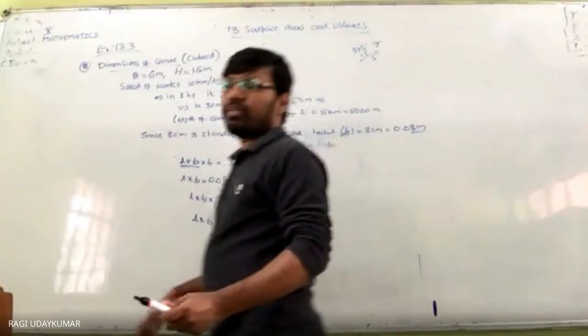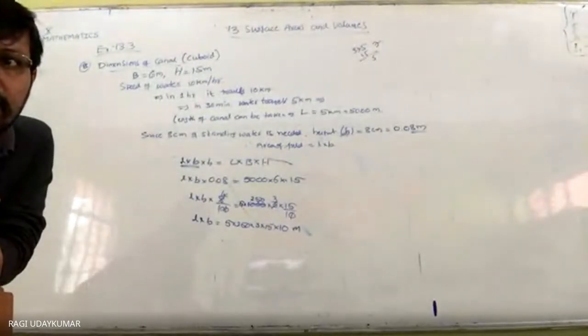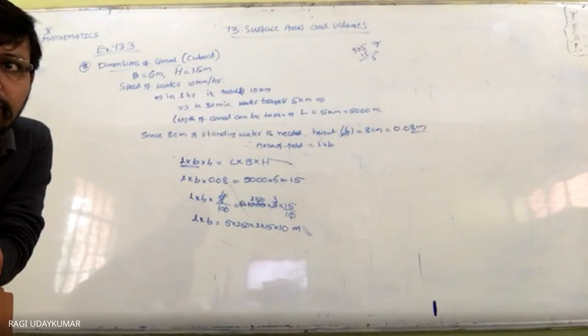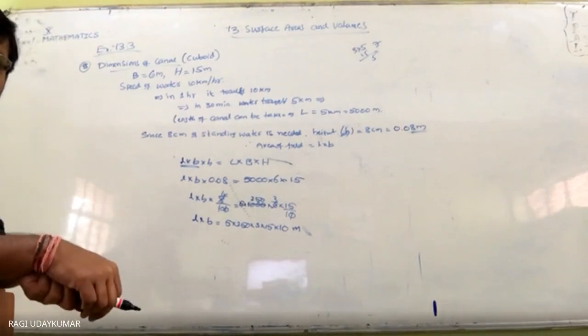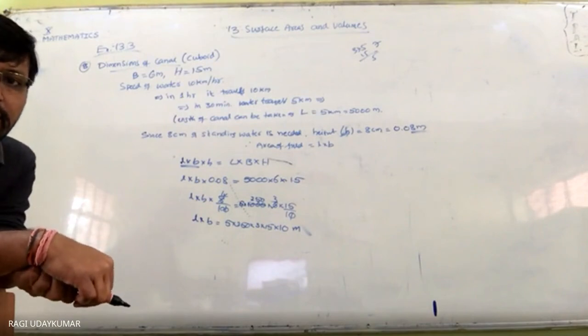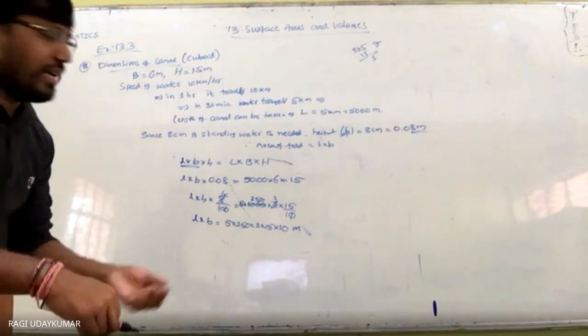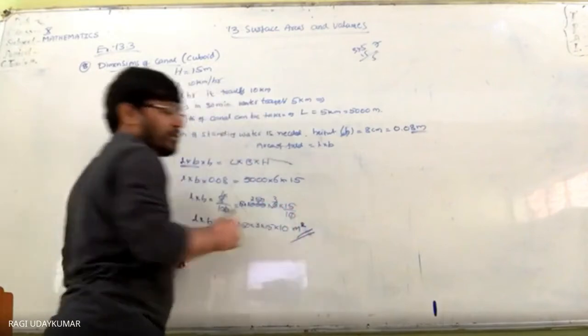कन्वर्ट करने के बाद मीटर्स में एक्सप्रेस करना। समझ में आया? Do you have any doubt here in this? हाँ? एक छोटा सा मिस्टेक है। What is that? ये एरिया है। This is area, not meters, meter square.